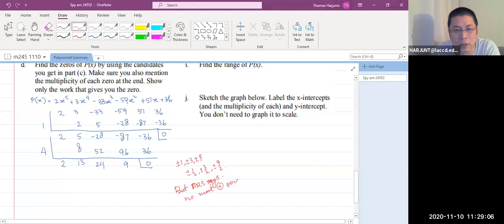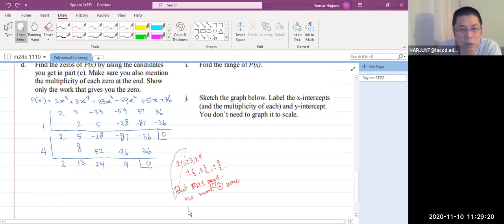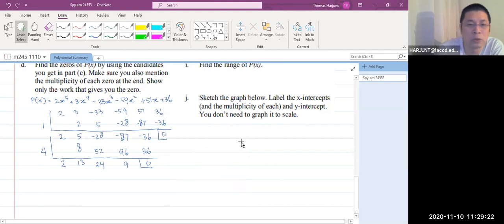Why? These are the coefficients of the quotient, and there's no variation of sign, right? And according to our theory in part A, there should be only 2 positive zeros, and you already get those 2's. So do not try positive 3, do not try positive 9. Let's try other number.